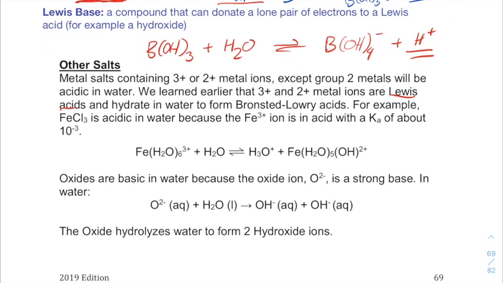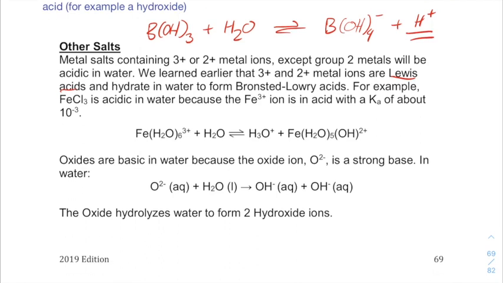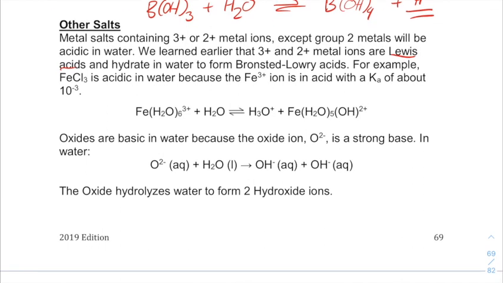So it's important to list that salts containing 3+ or 2+ metal ions, except for the group 2 metals, will be acidic in water. And we learned earlier that these metal ions are considered Lewis acids. So for example, iron chloride is acidic in water because the iron ions are an acid with a Ka of about 10^-3. And so here's the example. Here's iron dissolved in water with 6 waters around it.